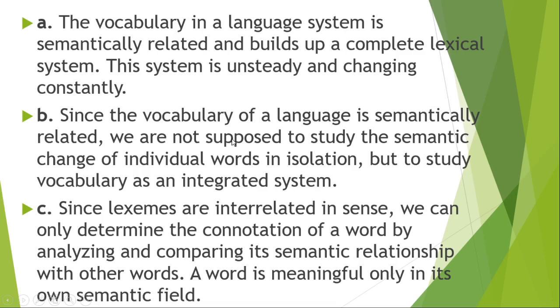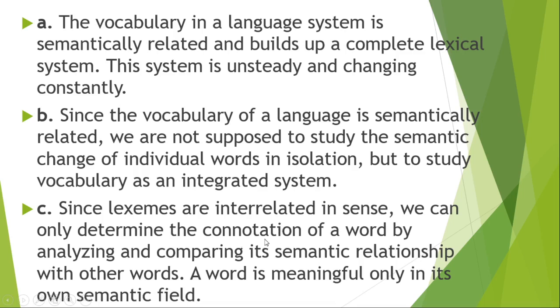Then we know that all the vocabulary of a language is semantically related. So we cannot understand or analyze a word in isolation. We will always understand and analyze a word in a language system, because there are other related words with the word we are studying. And we know that lexemes and words are related with one another.